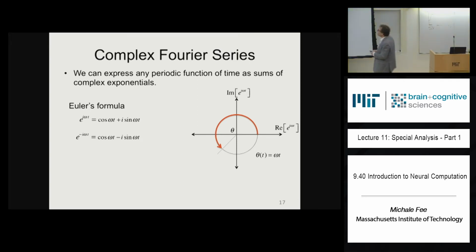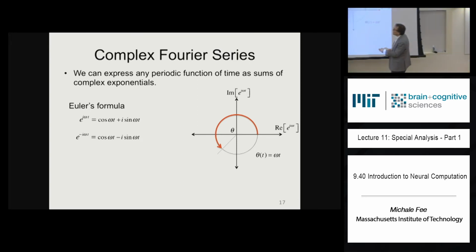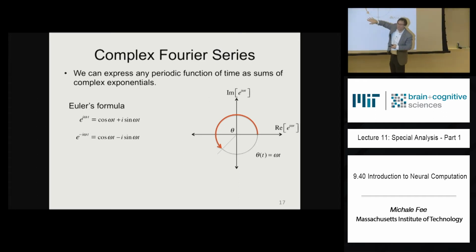The way to think about this is e to the I omega t is a complex number. If we plot it in a complex plane where we look at the real part along this axis, the imaginary part along that axis, e to the I omega t just lives on this circle. No matter what omega t is, e to the I omega t just sits on the unit circle in the complex plane.